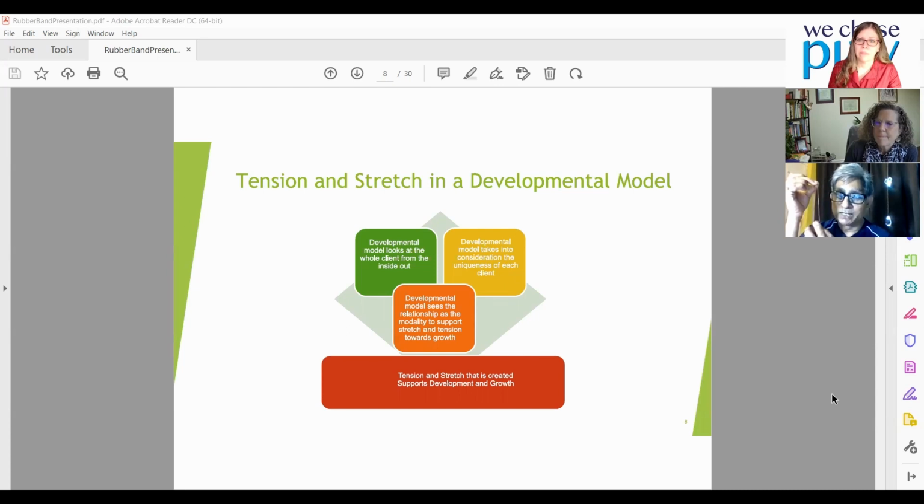And that's why we want to put that stretch and tension into the child's environment, which can facilitate the growth which we want to see, the learning which we want to see, the attention we want to have, the engagement we want to see, and how we can translate this into developmental progress or developmental facilitation for the benefit of the child.